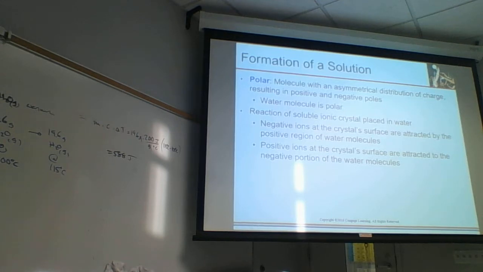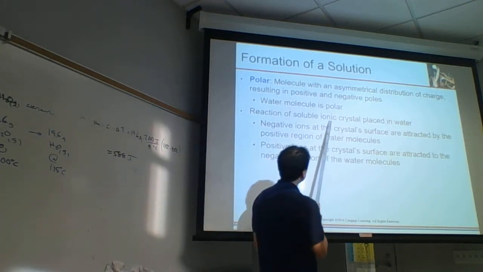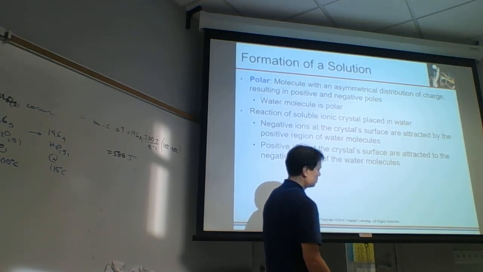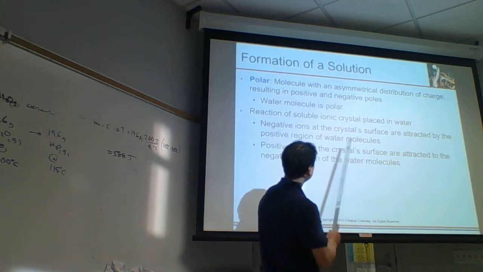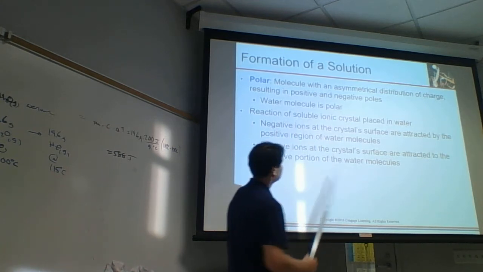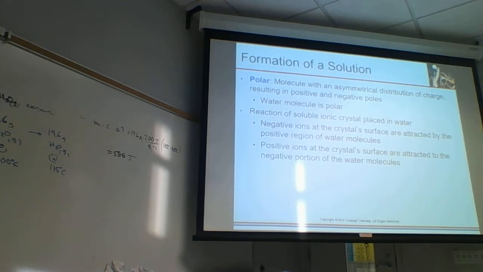That's the first part. This slide is 2 parts. The second part of this slide is let's look at something very polar. We're going to look at sodium chloride. Sodium chloride is extremely polar because it has ionic bonds. And so we're going to look at what happens when sodium chloride is placed in water. It's not a reaction; it's a physical process. It's dissolution, it's dissolving. What happens when sodium chloride is dissolved in water?